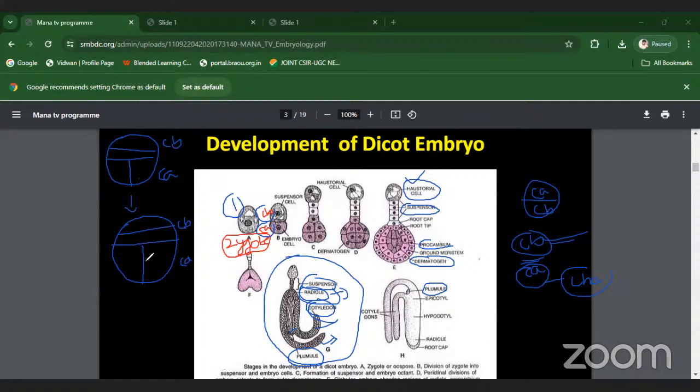Later, in CA, each of the two cells undergoes another vertical division. Now, how many cells are formed? In CA, four cells are formed. This is called the quadrant. No further divisions in CB. Next, in CA, a transverse division. Let me draw.